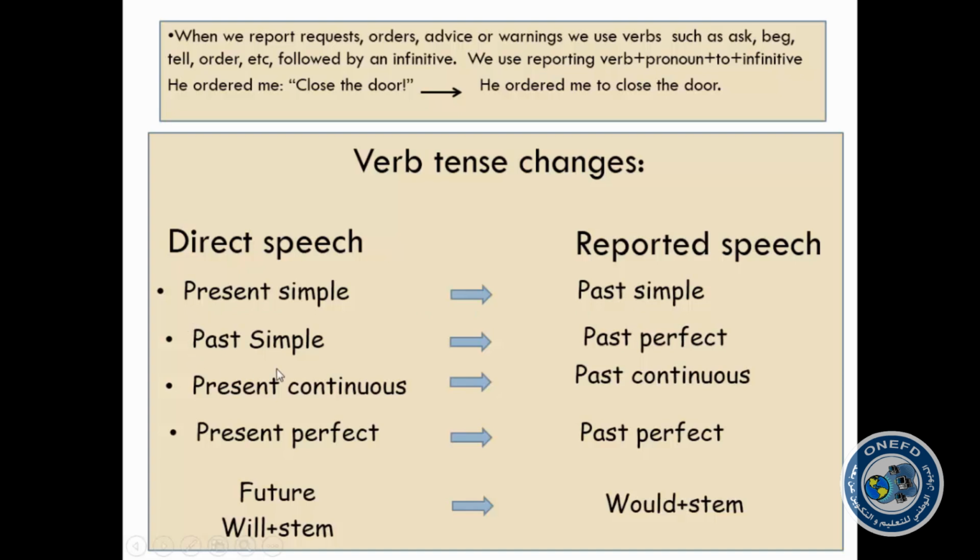When the direct speech is past simple, it changes to past perfect. When the direct speech is present continuous, it changes to past continuous. When it is present perfect, it changes to past perfect. And in the future, when we use will plus stem, it becomes would plus stem.